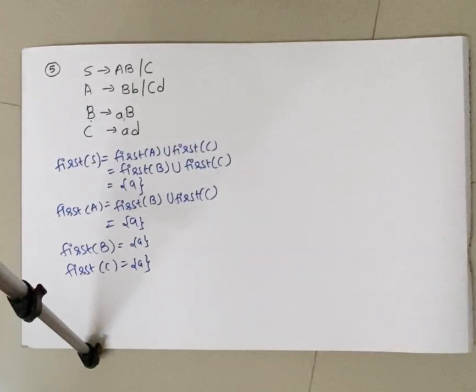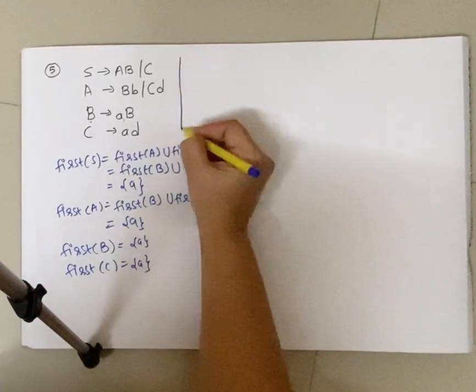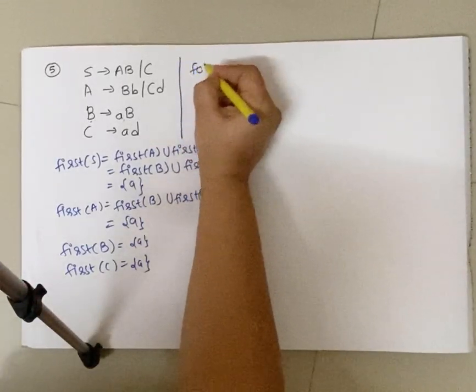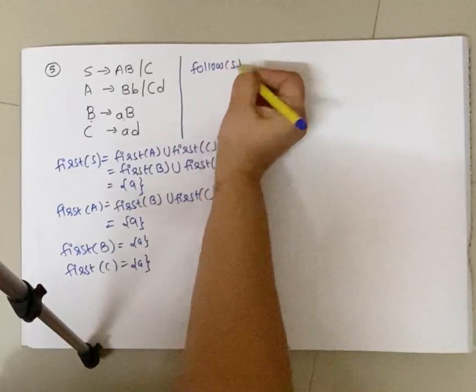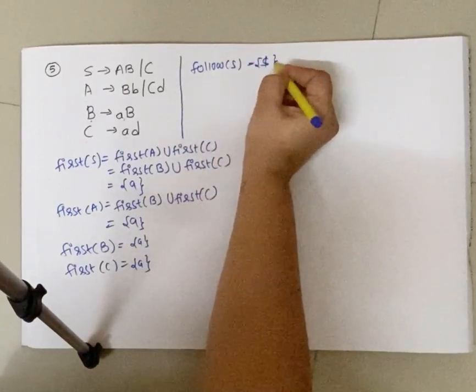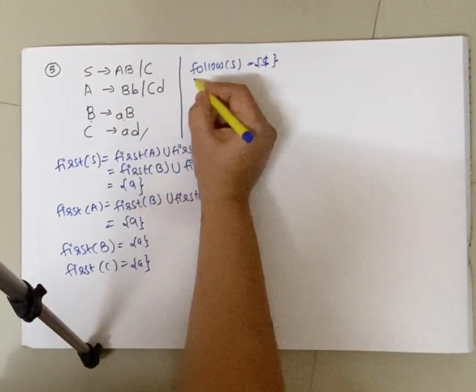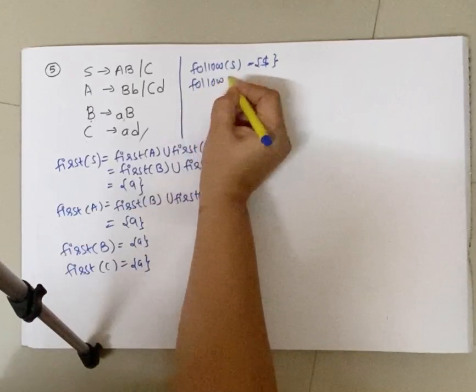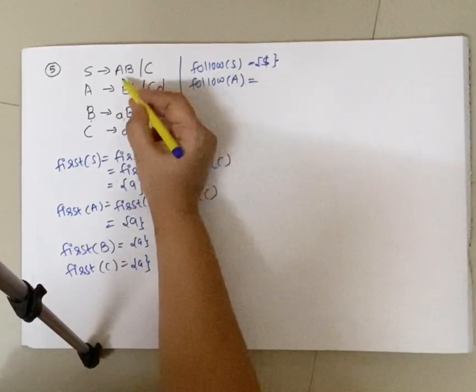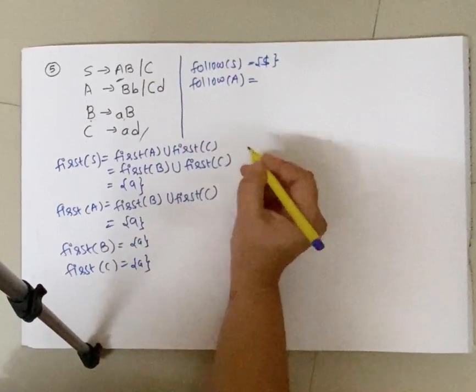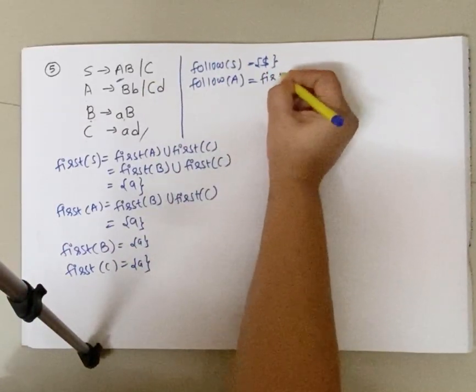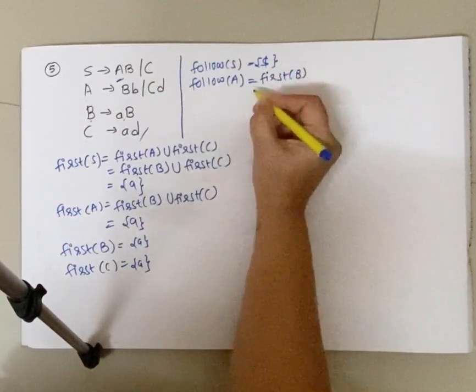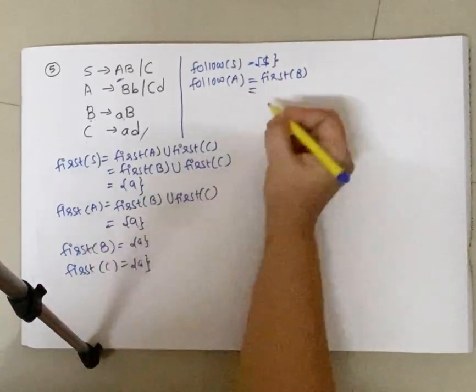But as we are practicing calculating follow also, let me calculate follow here. Follow of S is going to be dollar, and S happens to be nowhere else, so only dollar. Follow of capital A: there is a single rule where you have capital A, so follow of capital A is first of capital B, and first of capital B is small a.